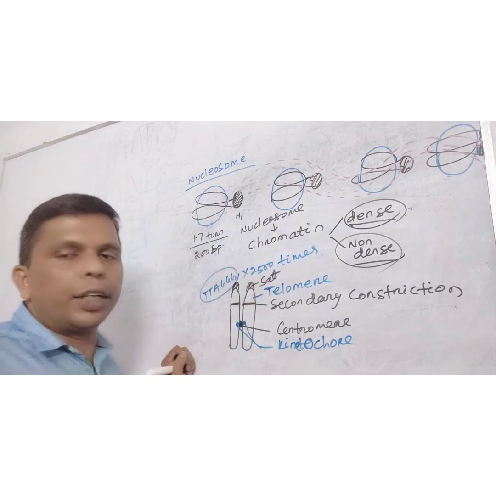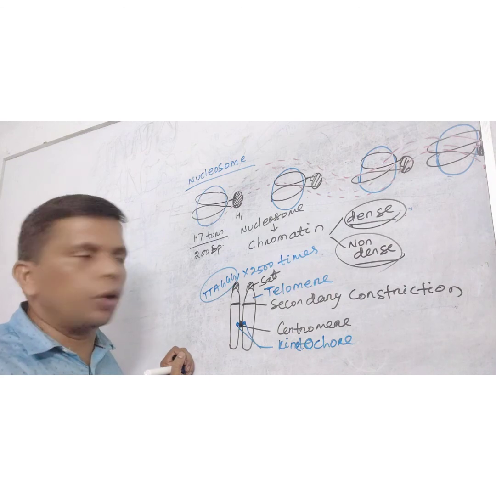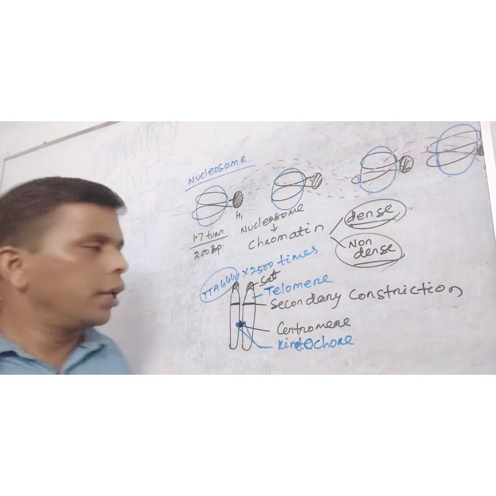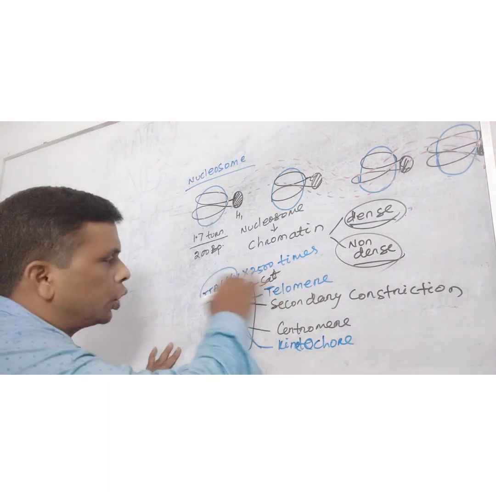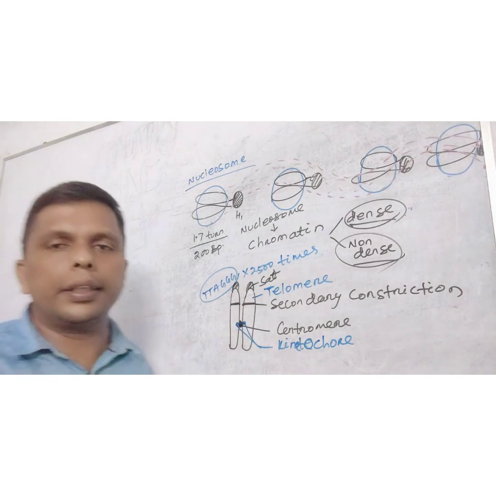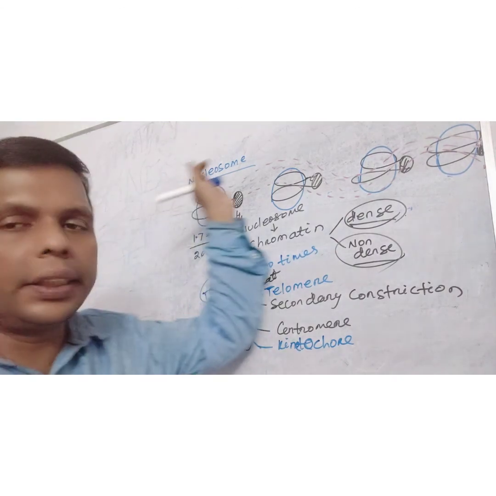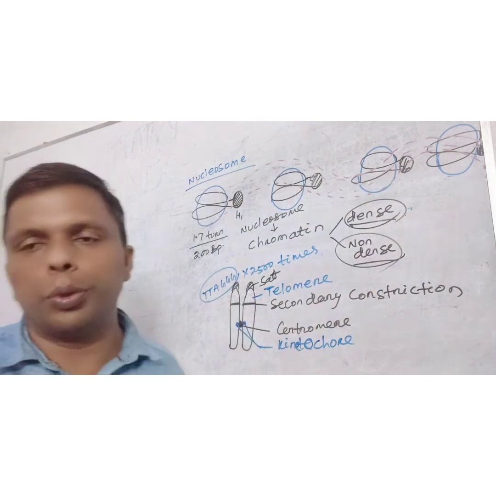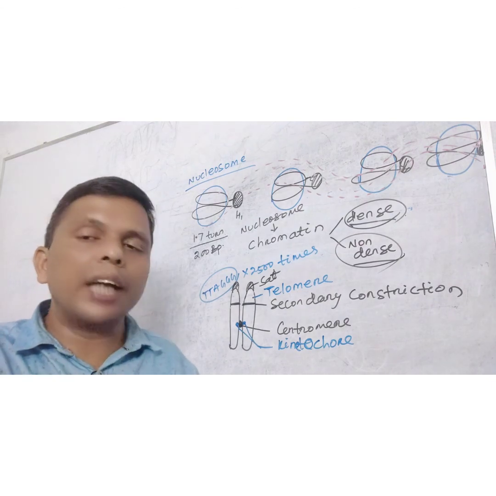When a satellite is present, the chromosomes are called satellite chromosomes; otherwise, these are non-satellite chromosomes. So, telomere, primary constriction, secondary constriction, and satellite. Clear? Like this, DNA and histone get organized, producing the chromosome. So inside the cell, chromosomes are the packed structure of DNA.